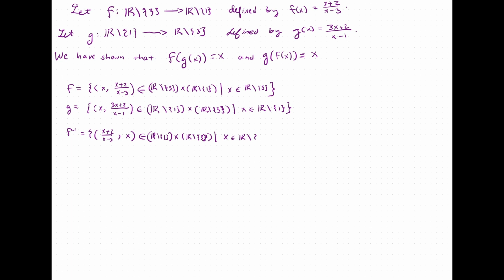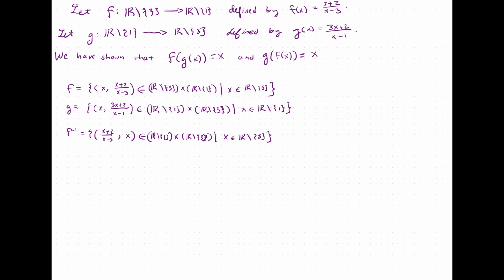Actually, minus 3, since we're corresponding to this x here. And so that's how f inverse will look like, just from our definition of what it means to have an inverse relation. We just flip the ordered pair, and now we have our definition. But it turns out that this expression here is exactly the one that we have for g, as we have seen. But now, before we continue, let us now look at the following.